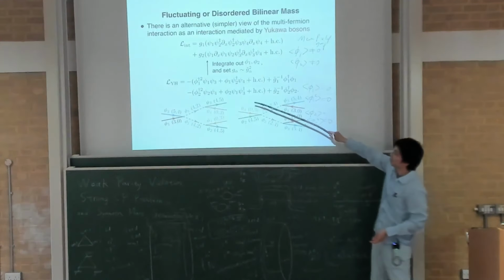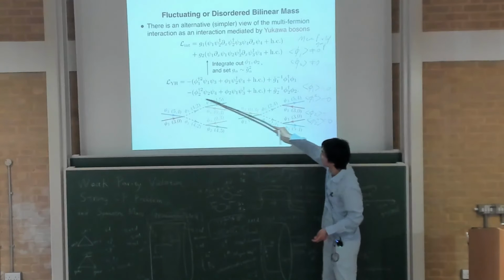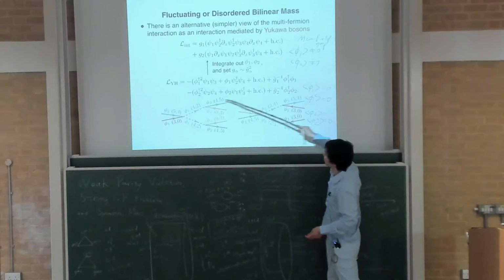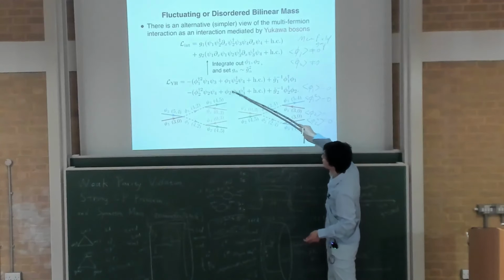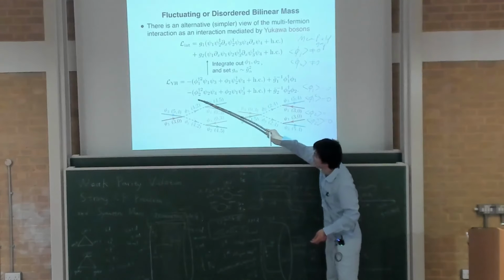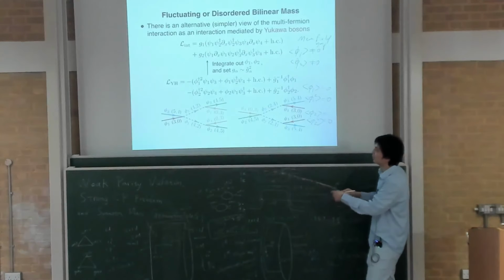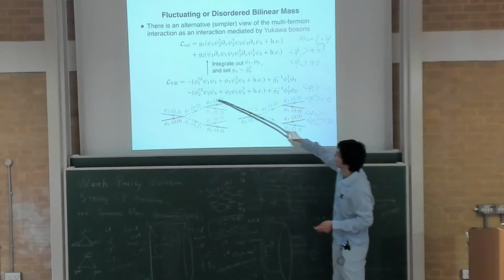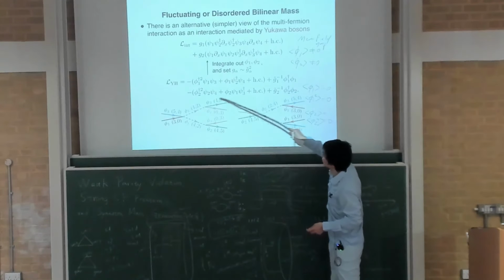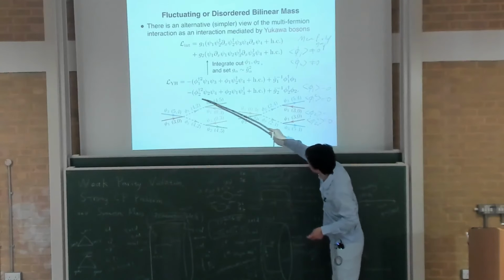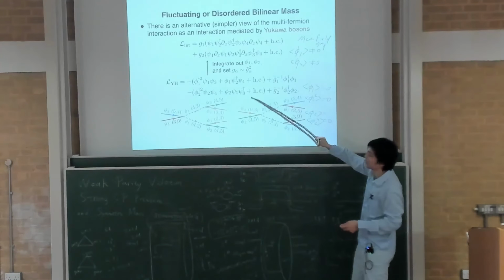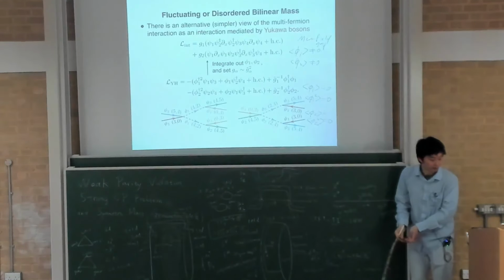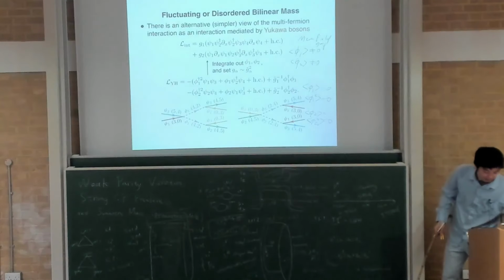I'm going to review that. The main point is that here I get an interaction term like a mass term, but this mass does not have a mean field mass; it's a so-called disordered mass. Then I can revisit the strong CP problem to ask what exactly is the physical theta if I include the mass or interaction in a more generalized way, including SMG. That's where we are going.